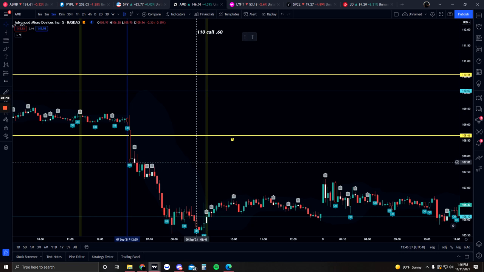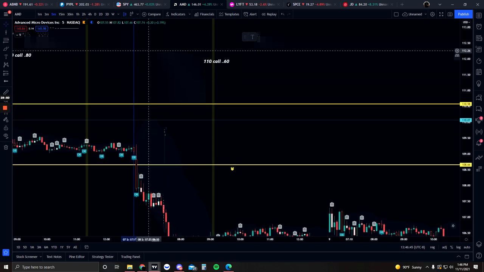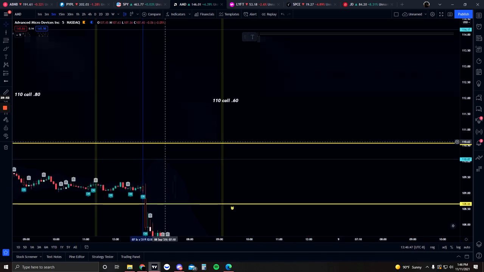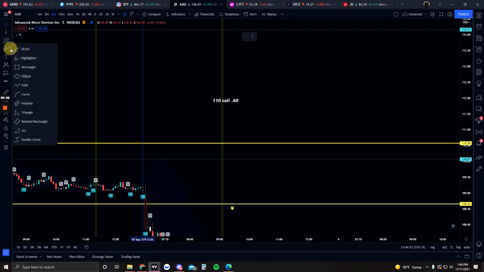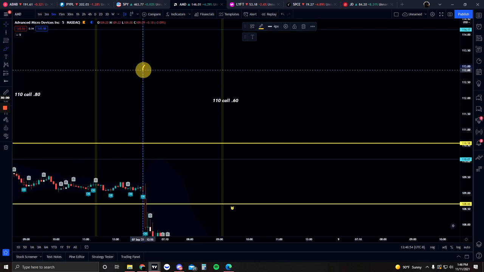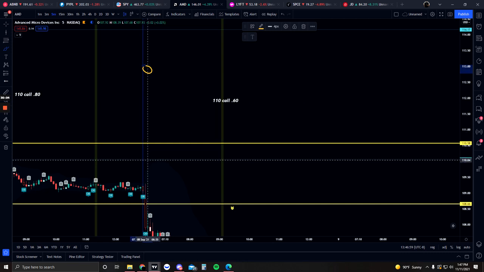What if it gaps up or down the next day? When you guys are starting this, I say don't play gap ups and downs. If it gaps up, you don't play it unless it tests the trigger again. Let's say it opened up over here, and you're like, dang, that thing gapped up crazy.